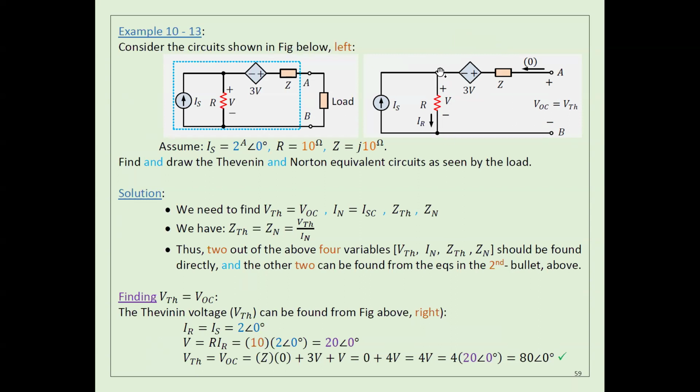This one is V, and we have 3 here, so this point should be 4V. We already calculated V, so what you have to do is 3V plus V, which is 4V plus 0, because the drop across this impedance is 0. That's it. Okay, guys?